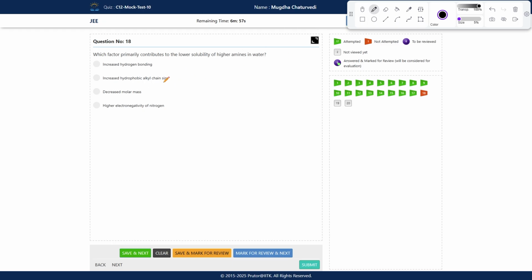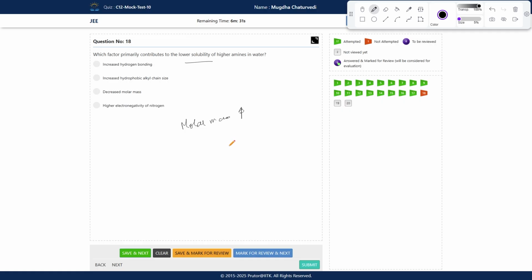The next question asks which factor primarily contributes to lower solubility of higher amines in water. As the molar mass of the amine increases, the hydrophobic alkyl part becomes larger, which reduces the solubility in water.